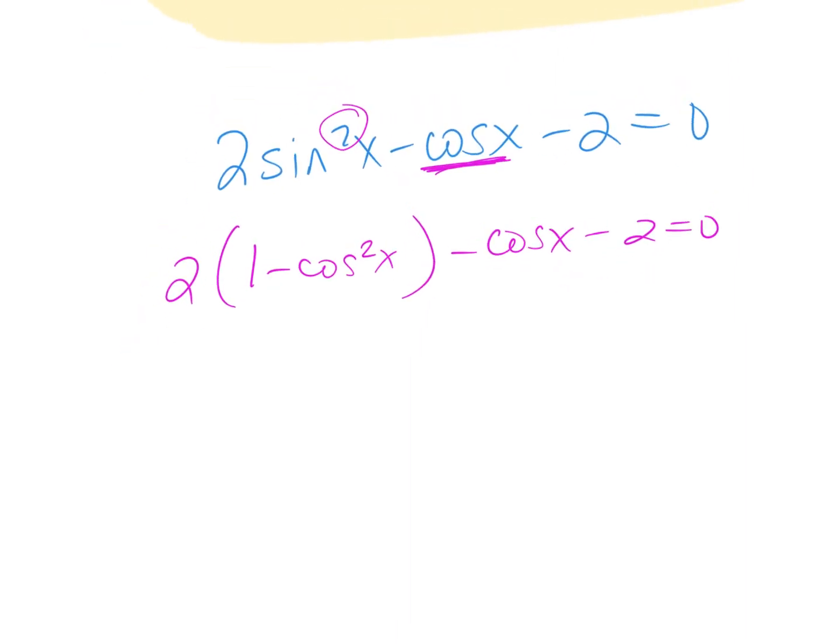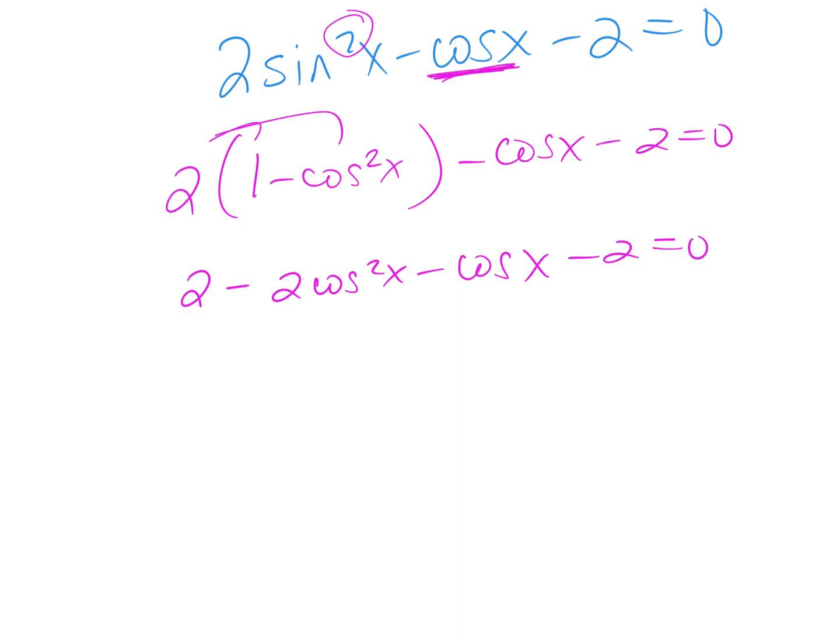What do I do with the 2? I distribute it. Great. So 2 minus 2 cosine squared x minus cosine x minus 2 equals 0. Can I combine anything? The 2's cancel, right? So you have negative 2 cosine squared x minus cosine x equals 0.